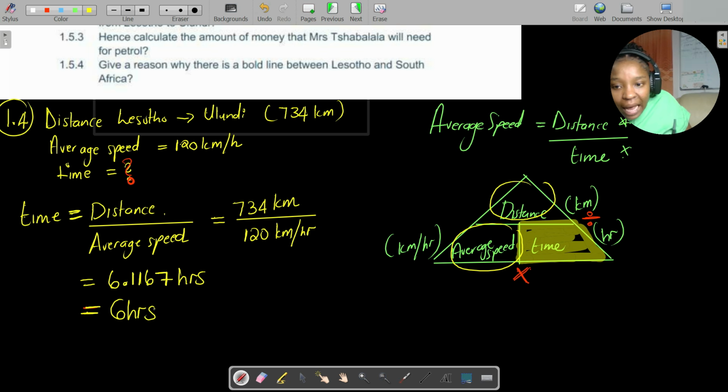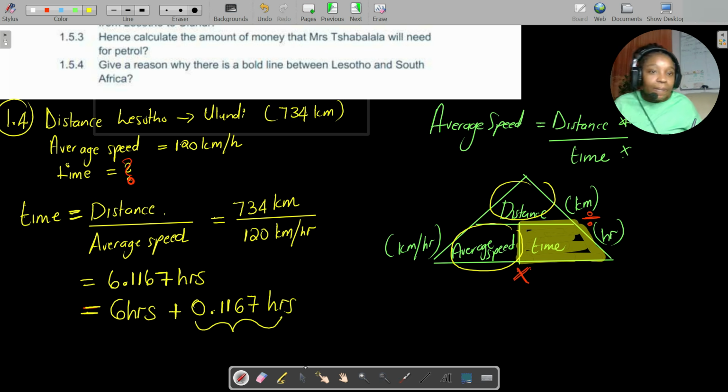It's 6 hours plus 0.1167 hours. This is not minutes, it's still hours. So we need to break this decimal up into a whole number and the decimal part.